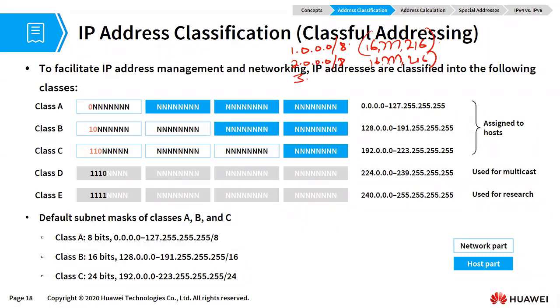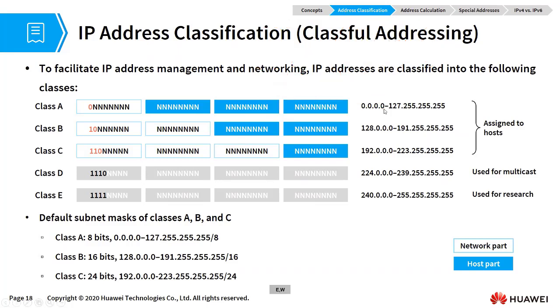The third network, 3.0.0.0/8, will have that same number of hosts. Oh, wait, the first network was actually 0.0.0.0/8. So we shall have these networks go up to 255, which gives us a total of 256 networks. I wonder if anyone is following. This is very important if you have to capture subnetting.